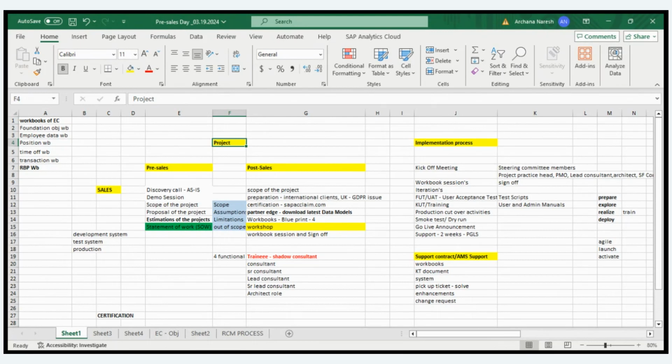Suppose you're working for, let's say, Infosys. Where will Infosys get a SuccessFactors project? They have to do something, right? So Infosys will have a separate department for SuccessFactors sales, so there will be sales guys.